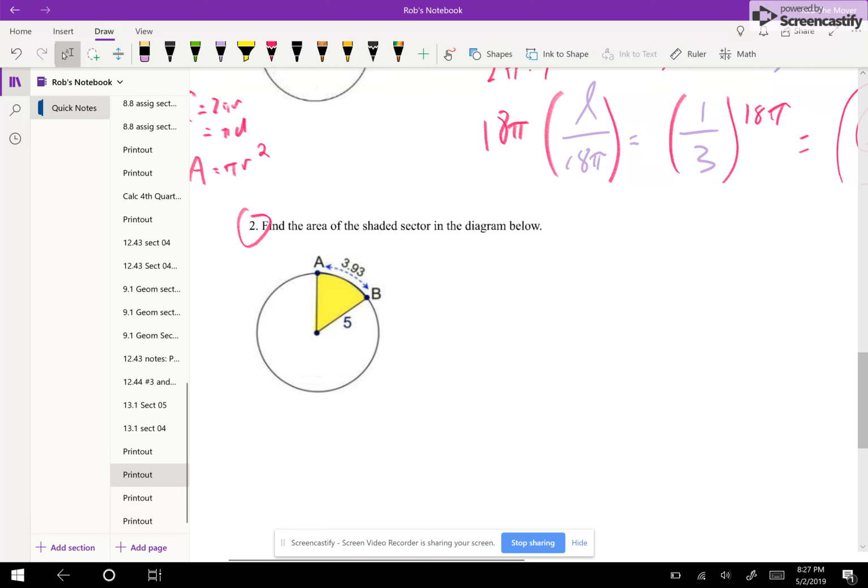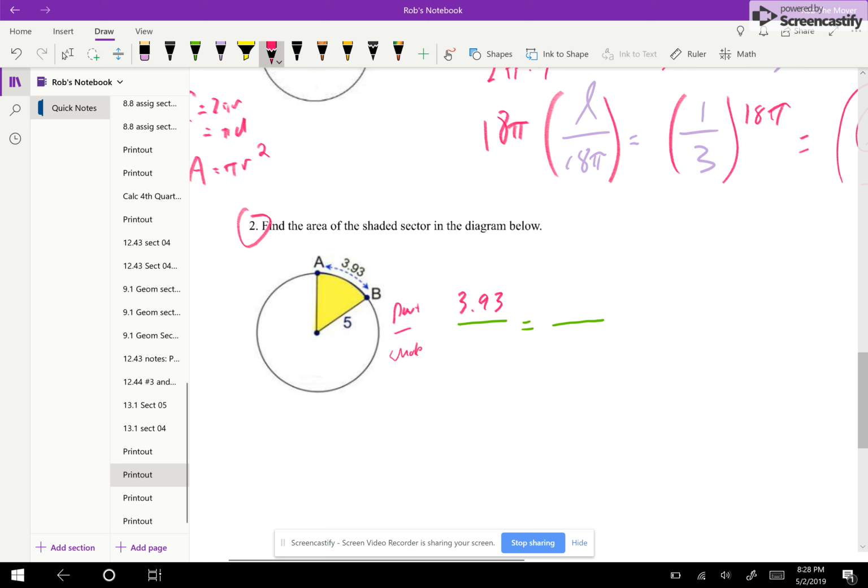Now, if that's something we're given, we know we have to use it in an equation, right? You can't just be given some information and never use it. So I'm going to use 3.93 as the arc length, but that's part of the entire circumference. So I need to do part to the whole.